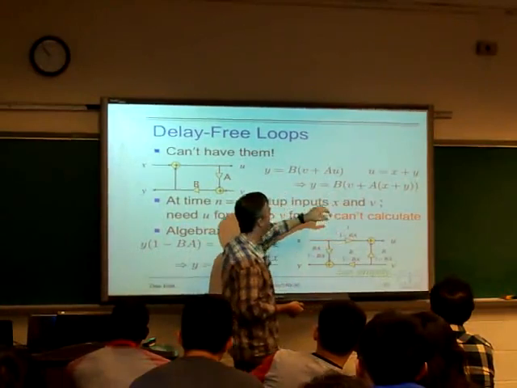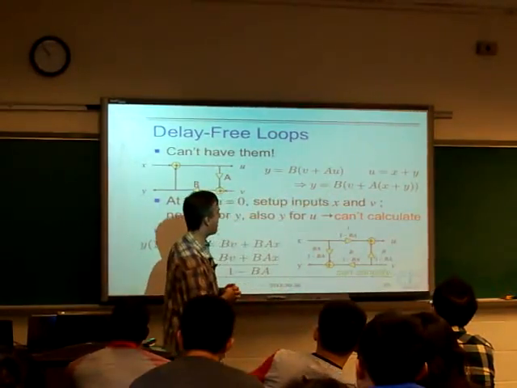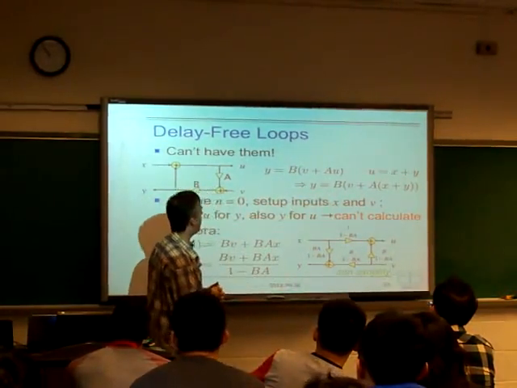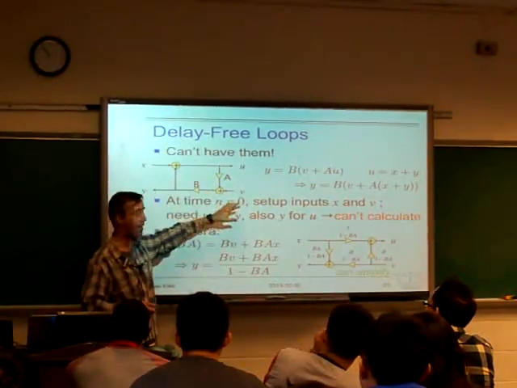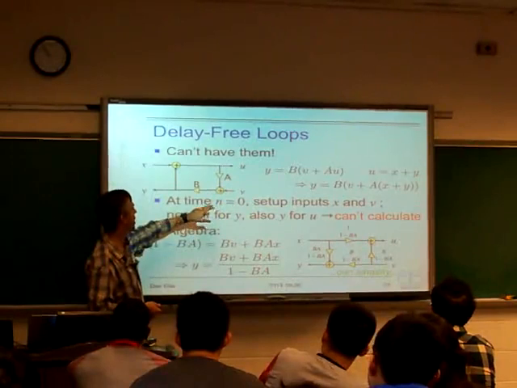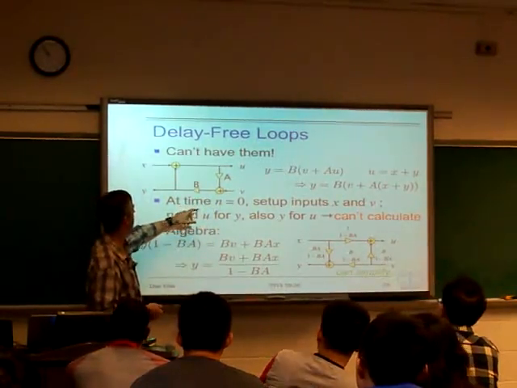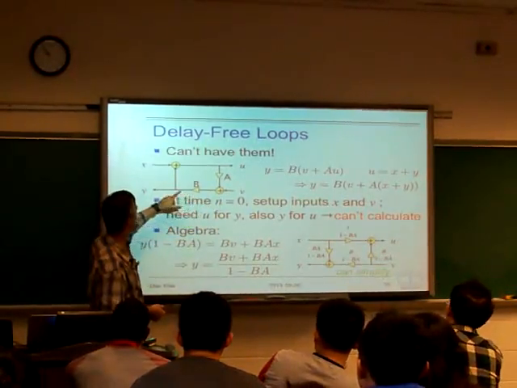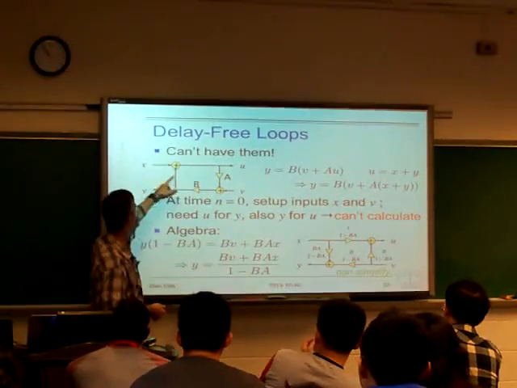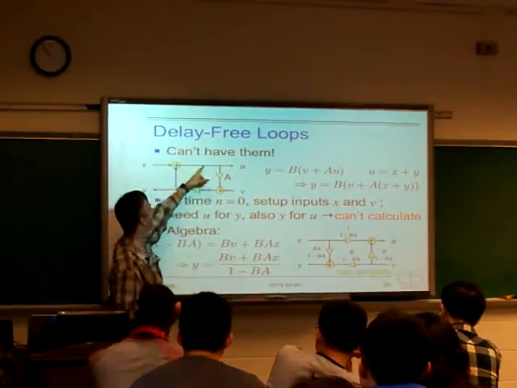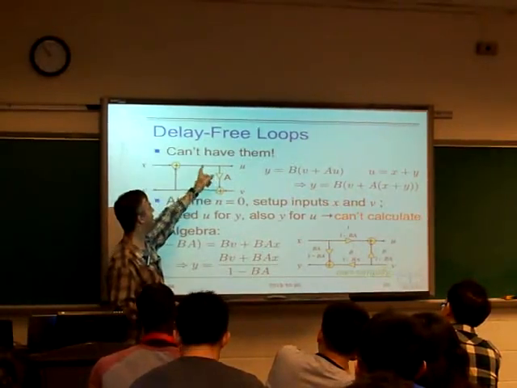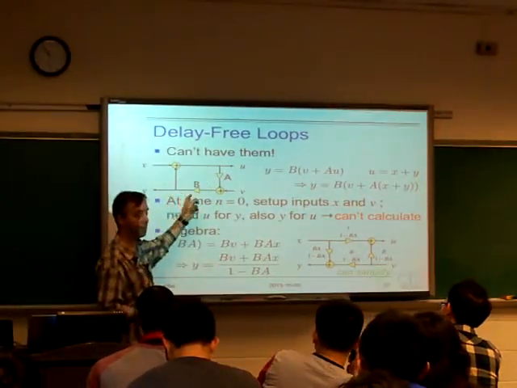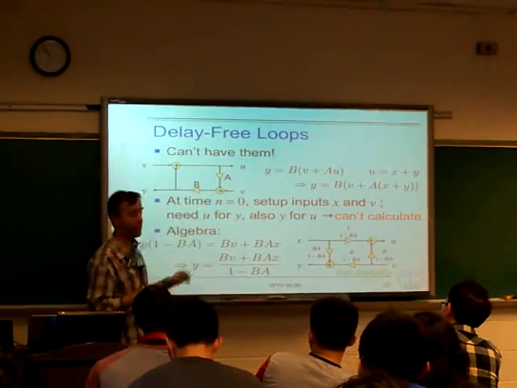But now, if we actually try and run this, if we think about trying to build the system, we'd set up x and v at a particular time, and then try and calculate the outputs. But to calculate the output for y, we'd need to know the output for x, but the output for x depends on the output for u, and the output for u depends on the output y, and so we'd end up with this recursion at time 0.